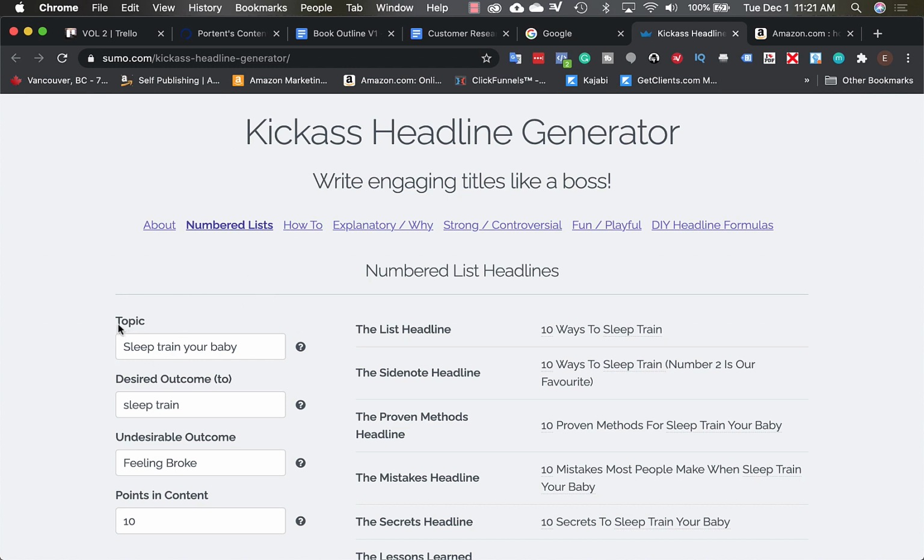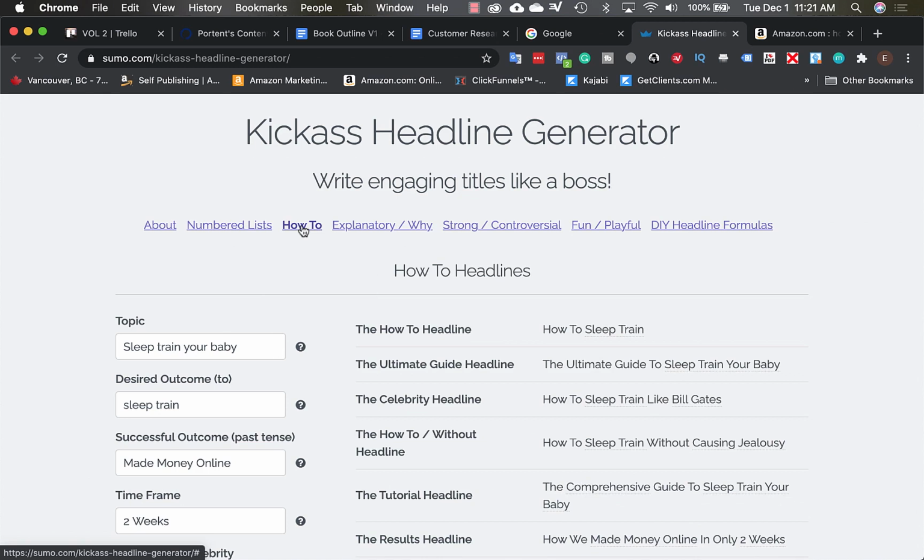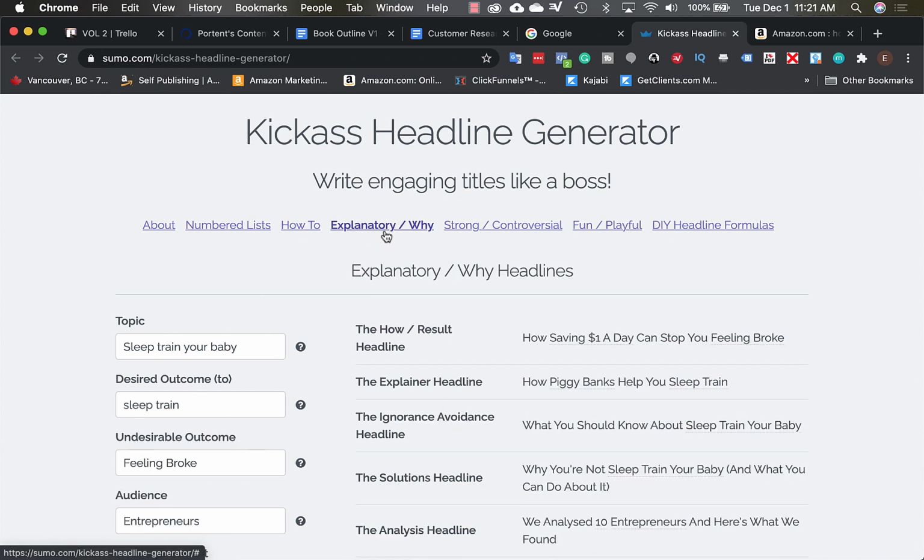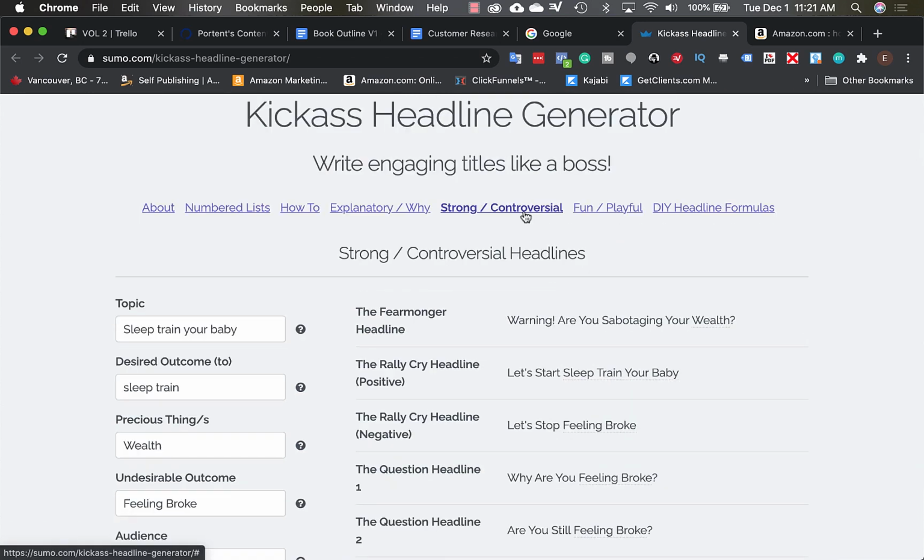Here you enter the topic, and you can fill out all of this. I just didn't bother. But it's like the list headline, 10 ways to sleep train. If we switch it to how-to, it's like how to sleep train. And you can just play around with this to see what type of ideas these come up with as well.